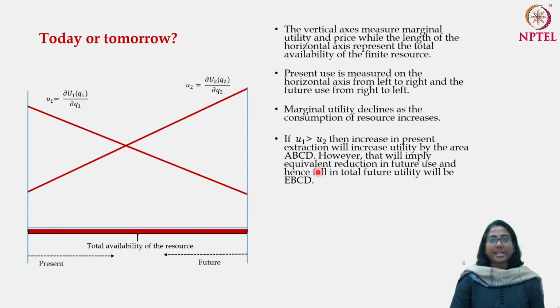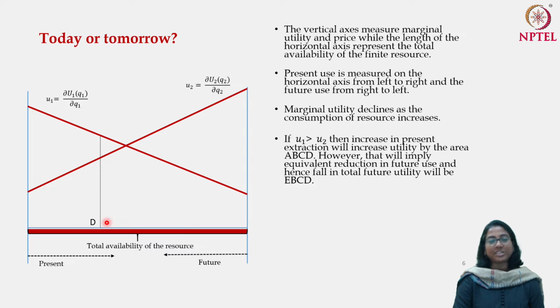Now coming to the next question. How does it give us a hint about the division of the resources between today and tomorrow? See, if I am at a point somewhere like this, if I choose point D, choosing point D means I am using this part for present consumption up to D from my left, and I am keeping this part up to D from my right for the future consumption.